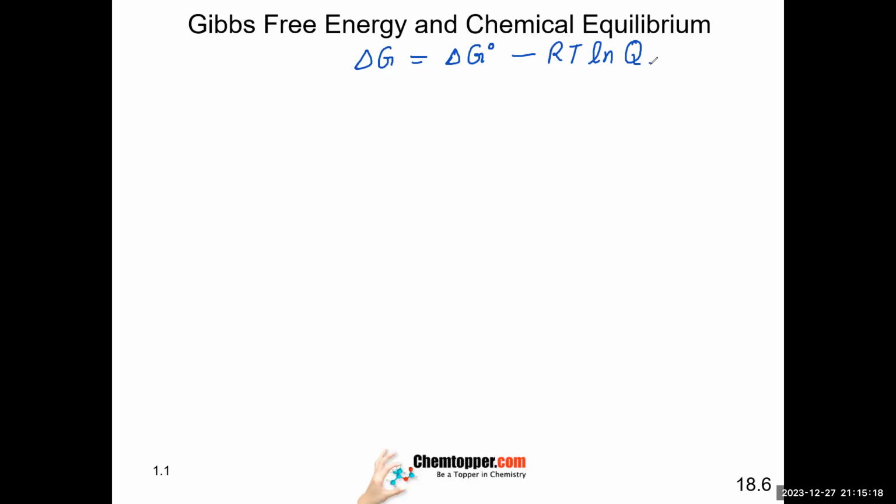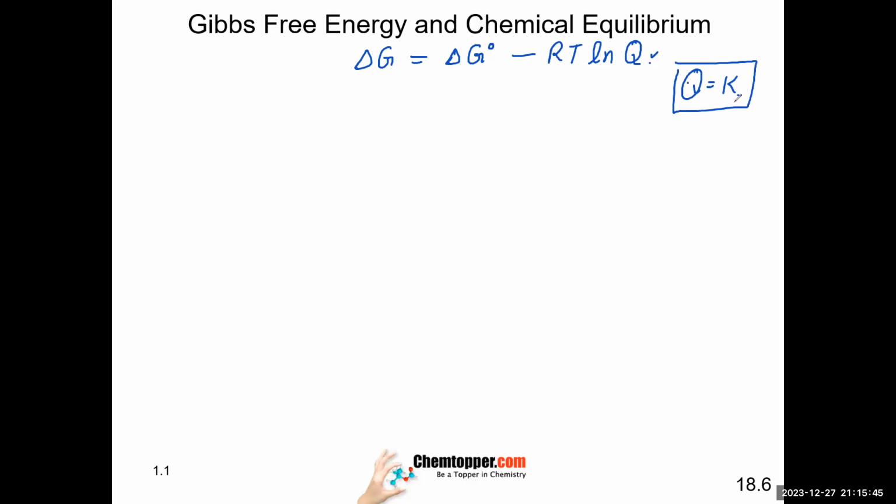Q has the same expression as K. But Q is the condition when the system is fighting to become equilibrium. So when Q is equal to K, then system is in equilibrium. We have done a lot of questions on Q also.